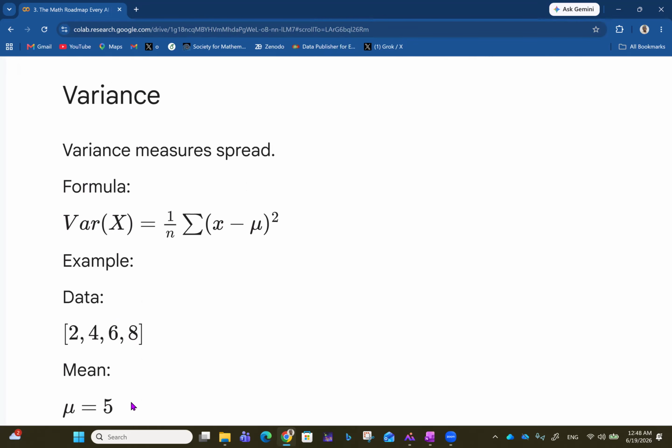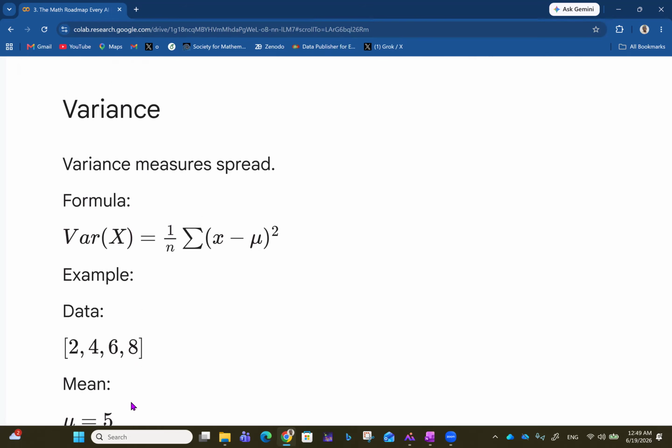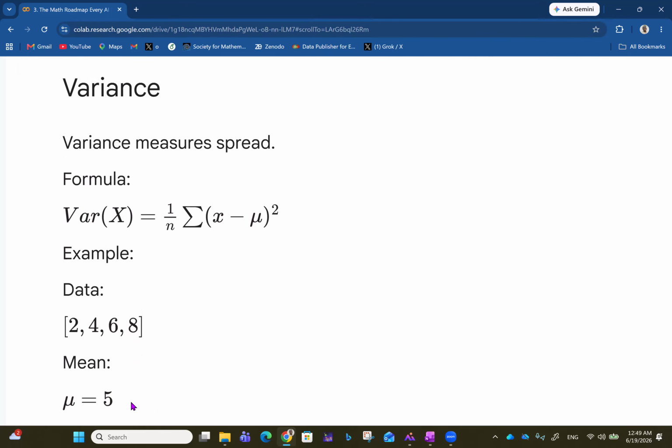These are two things we always talk about in machine learning. Of course there are other things like mode, median, and all of that, right? But when you talk about distributions, especially the normal distribution, you're talking about the mean and the variance. Variance measures spread, how spread apart the data is.